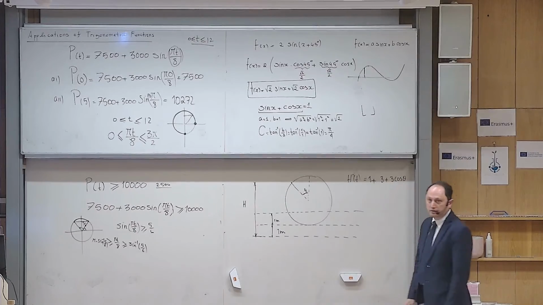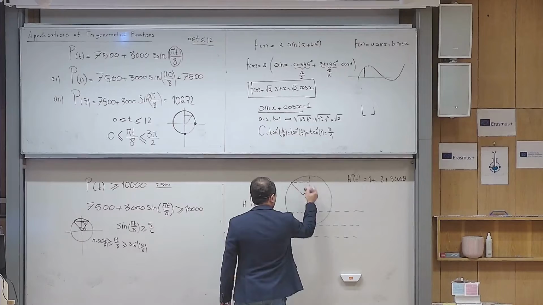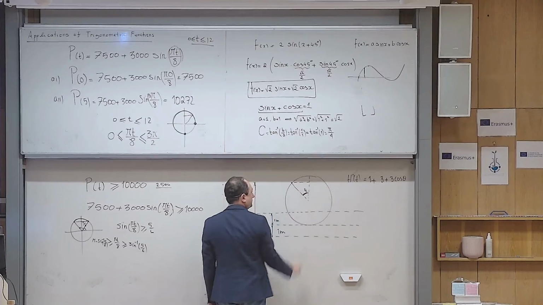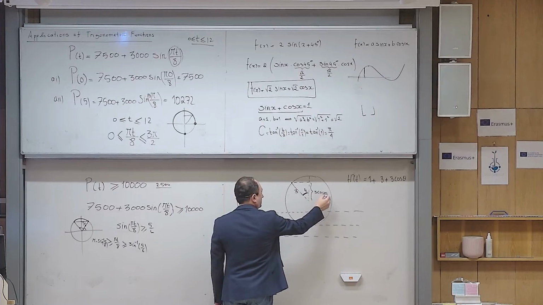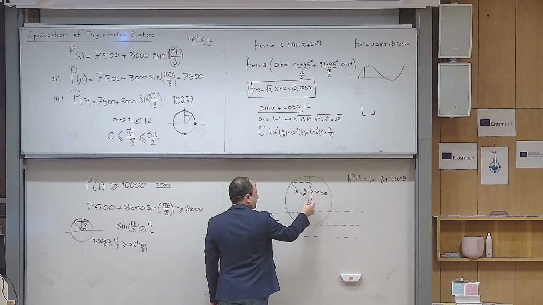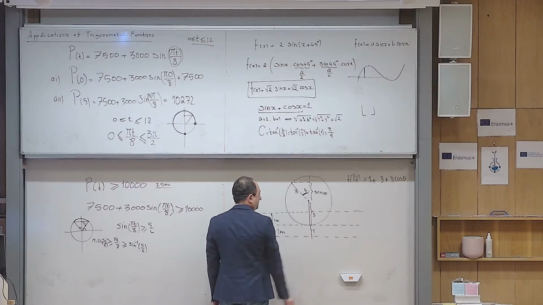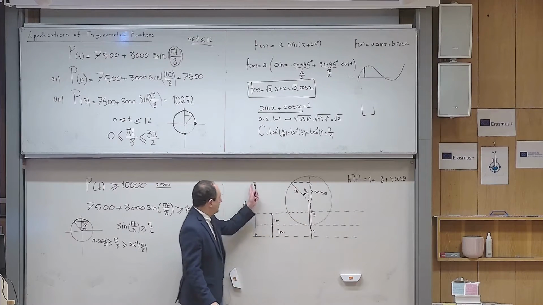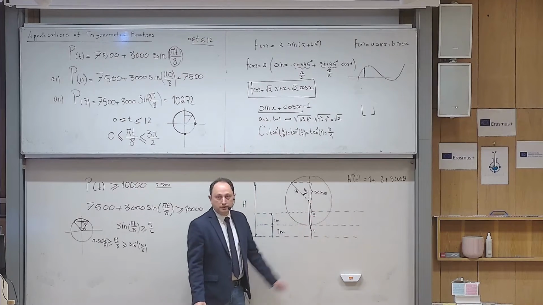I call this angle theta, and from here to here, this is the radius 3, so this becomes 3 cosine theta. So h of t is 3 cosine theta plus 3 plus 1.